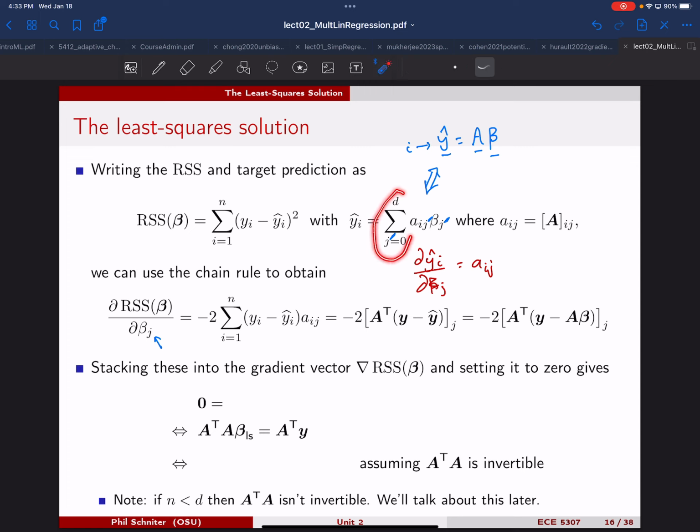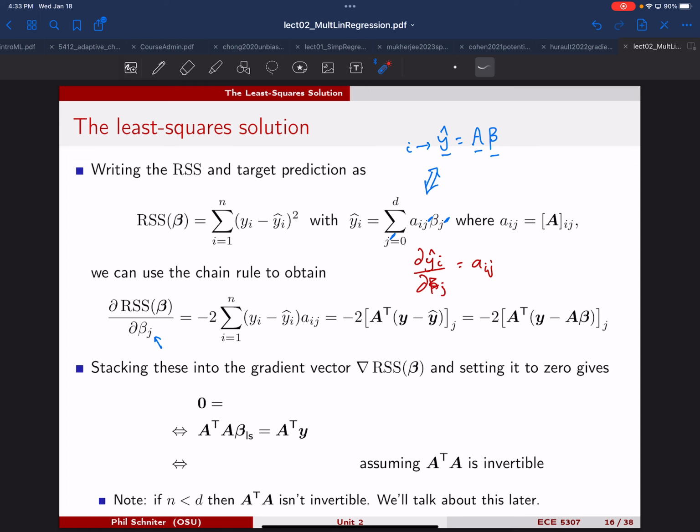So here's one way to think about it: there's a lot of different terms in this sum, right? There's d plus 1 different terms. Here I'm looking at a specific index j. Only one of those terms involves beta j. All the other terms involve beta j prime for some other j prime that's not j. So I can ignore all the other terms and focus only on that single term, which is the one I'm interested in.